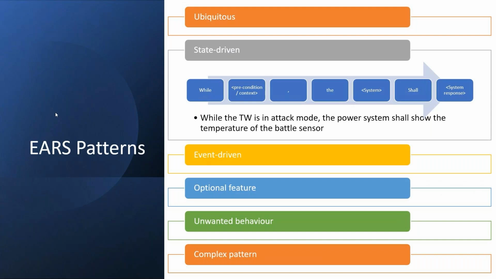So while I am in a given mode, for instance, like in this example, while the Temperature Warrior is in attack mode, which is a specific mode, then the rest of my requirement, which is a kind of ubiquitous requirement now after this precondition, shall always be active while I am in this attack mode. So the power system shall show the temperature of the battle sensor. This has to be active all the time while I am in this attack mode.